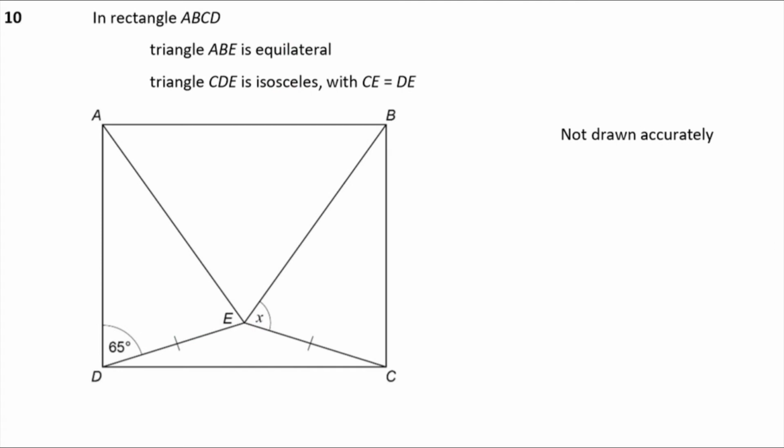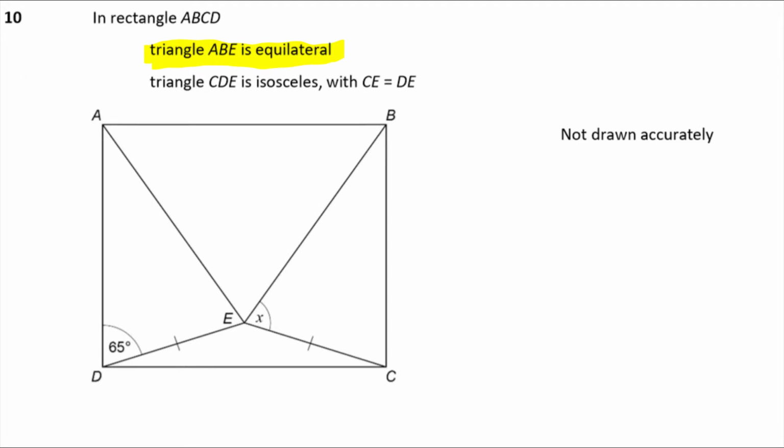Question 10. In rectangle ABCD, triangle ABE is equilateral, triangle CDE is isosceles with CE equal to DE. Okay, now with these questions I always double check that the information that's given in the text above the diagram is actually in the diagram, so that is nice and clear. So in rectangle ABCD, triangle ABE is equilateral.